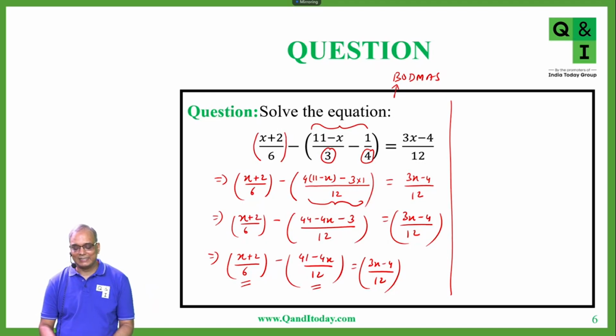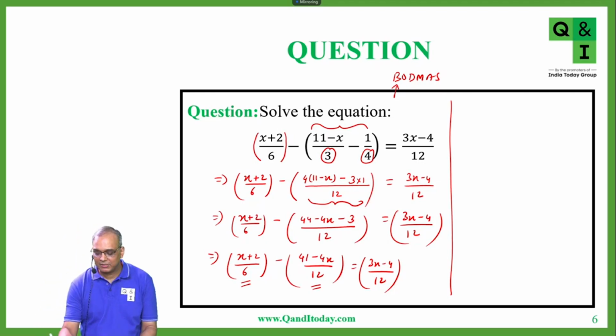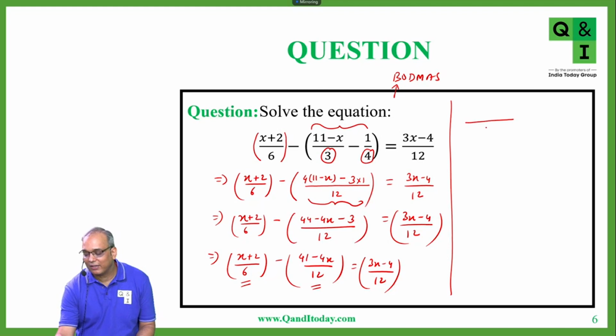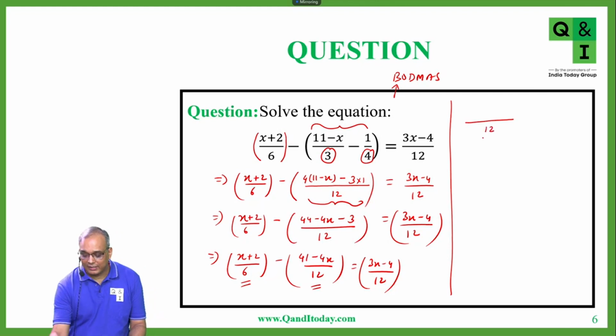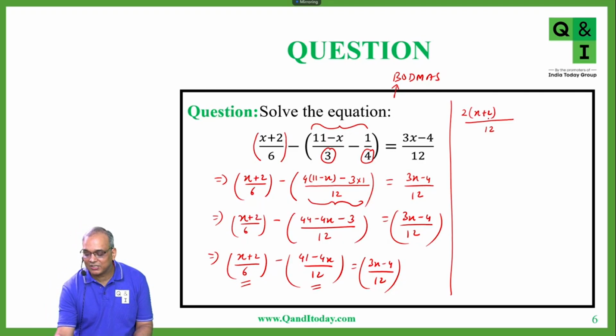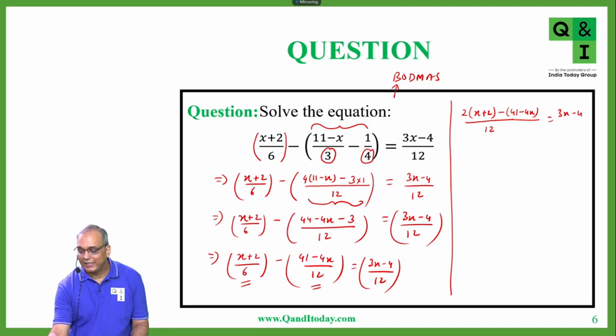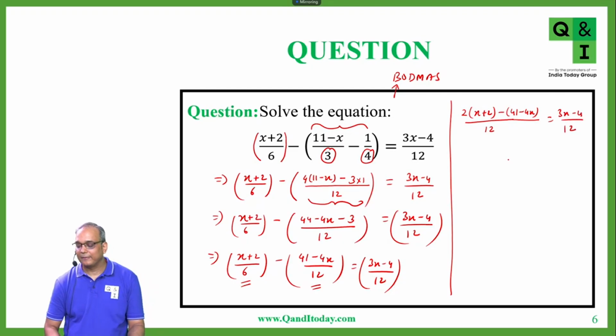We'll find the LCM of the denominator of these two terms. So LCM of 6 and 12 is 12. So we'll write 12 here. And we know that because the denominator has 6 in the first term, we'll multiply both numerator and denominator by 2. So 2 times x plus 2 minus of 41 minus 4x is equal to 3x minus 4 over 12.